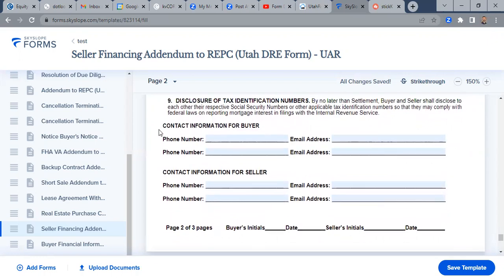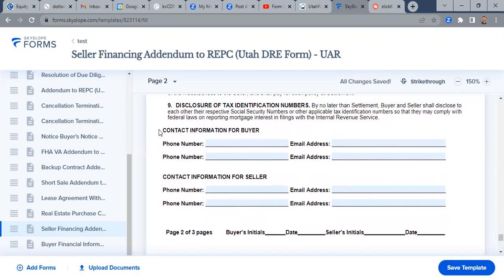All right, disclosure of tax ID number. By no later than settlement, buyer and seller shall disclose to each other their respective social security numbers or other applicable tax ID numbers so that they can comply with federal laws on reporting mortgage interest in filings with the IRS. Here's a fun one.